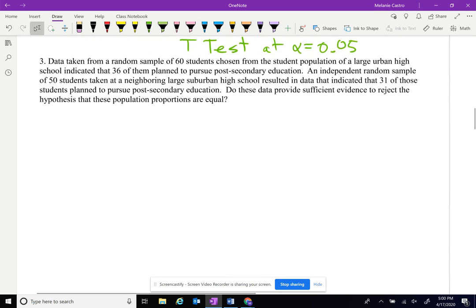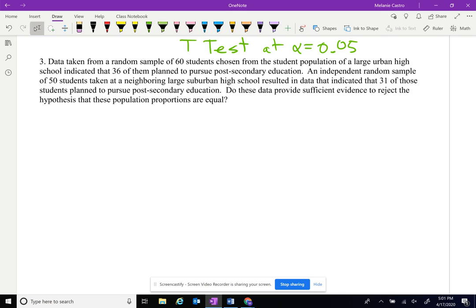Number 3. Data taken from a random sample of 60 students chosen from a student population from a large urban high school area, like inner city, indicated that 36 of them plan to pursue post-secondary education. We have independent random samples, awesome, of 50 students taken from a neighboring large suburban high school, and the data indicated that 31 of those students plan to pursue post-secondary education.